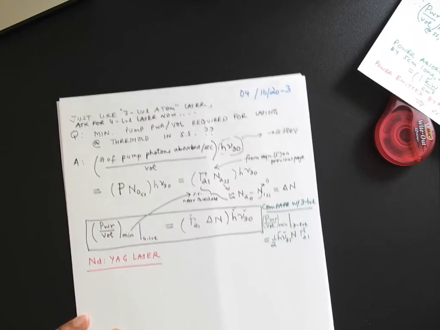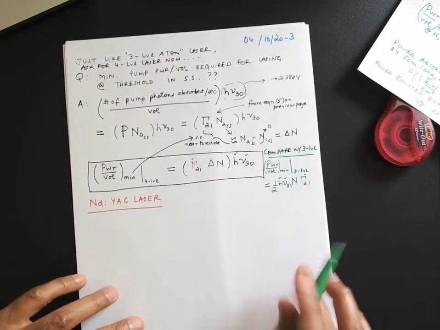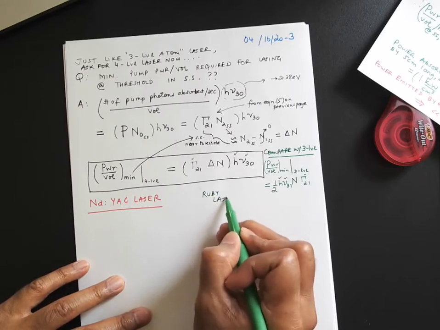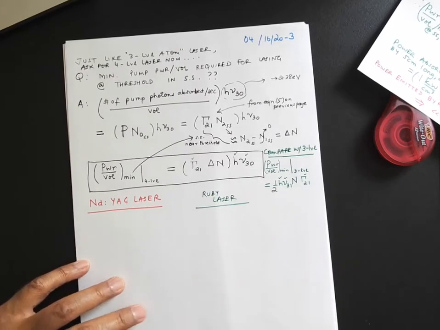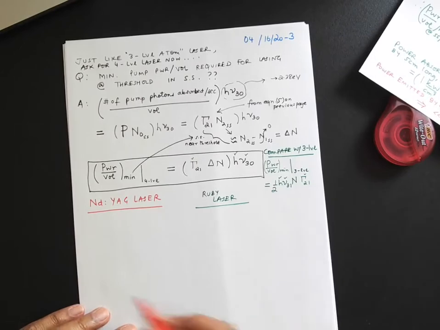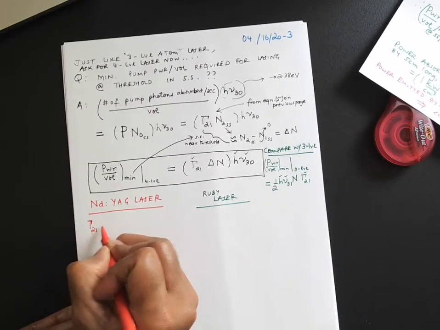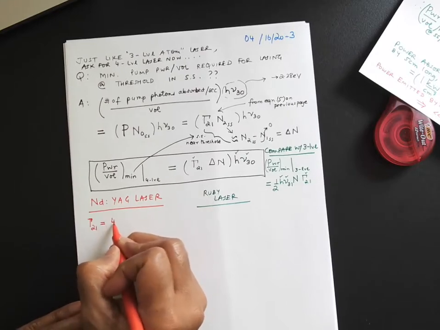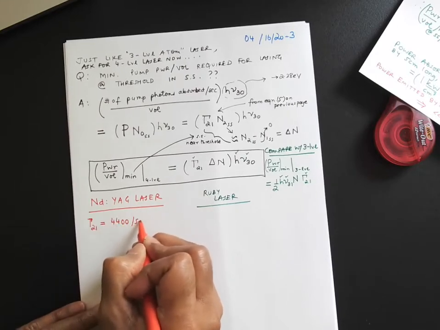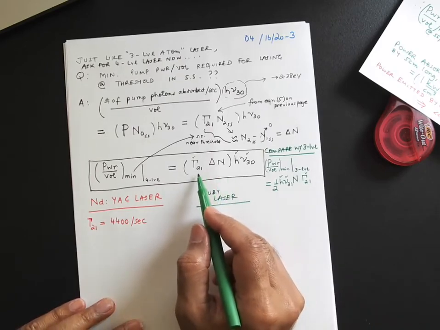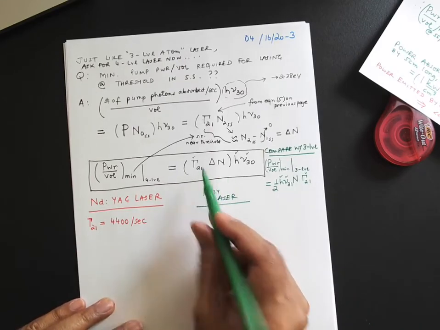So anyway, let's look at the numbers now. And just for comparison, I'll also write down some of the Ruby laser numbers on the right. So what do we have? The Nd:YAG laser. Well, gamma 2,1 is 4400 per second, and that actually is larger, so it's going the wrong way.